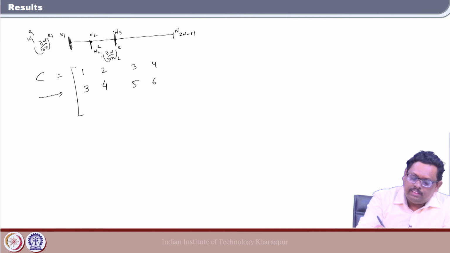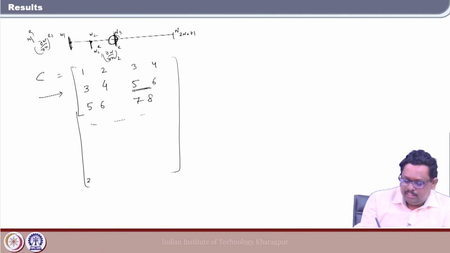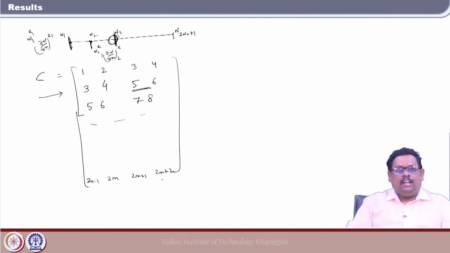Similarly, when I write for the third element, I need to take the contribution of the second element. So, I am writing here 5 6 7 8 and so on. So, this is called the connectivity matrix and finally, it should be 2 n minus 1, 2 n plus 1 into 2 n plus 2. So, this would be my connectivity matrix.